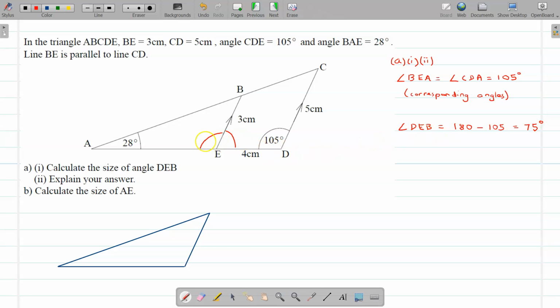It's quite easy to see that that's the case if I put 105 in there, because that's the same as that, then this must be 75 in here. But you need to explain, which is what I'm doing over here. So my reason for saying that is angles on a straight line.